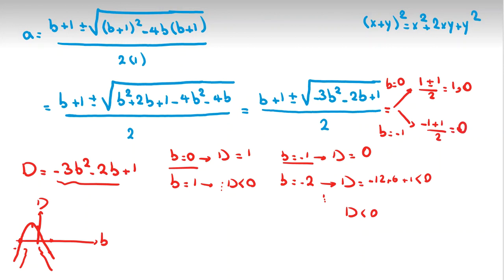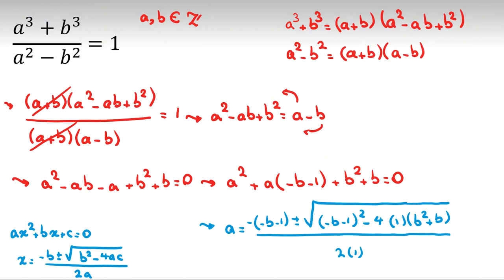So if I want to write all answers, a and b: a is 0, b 0; a 1, b 0; a 0, b negative 1.